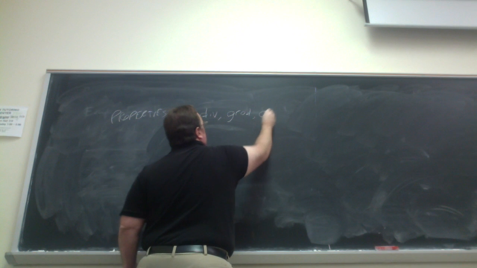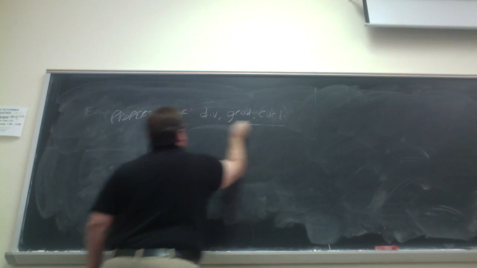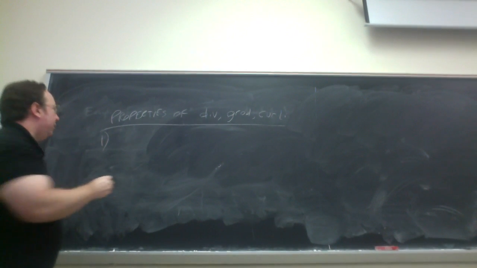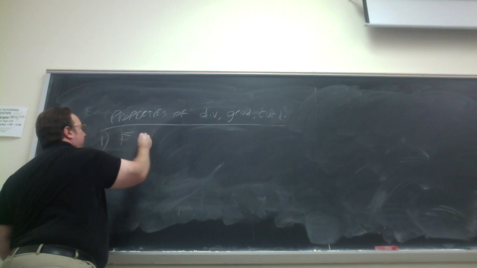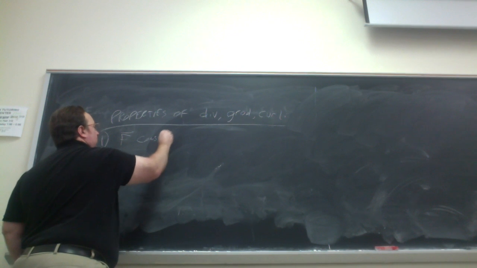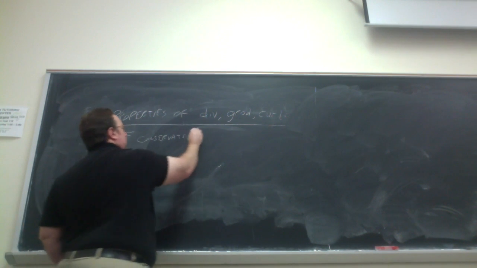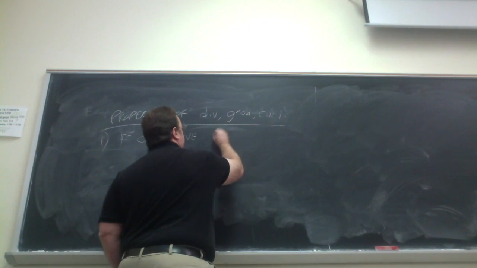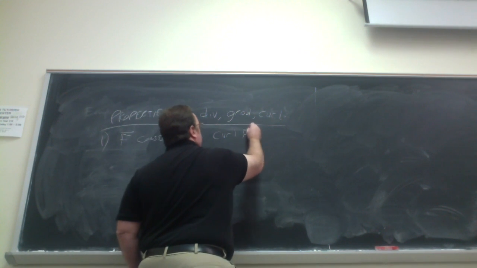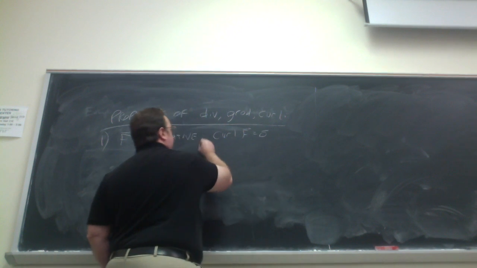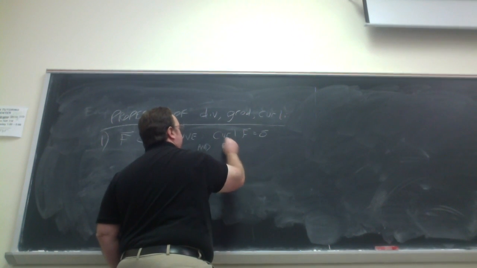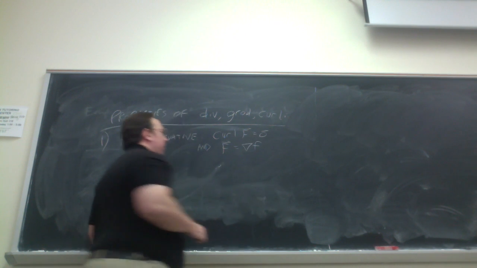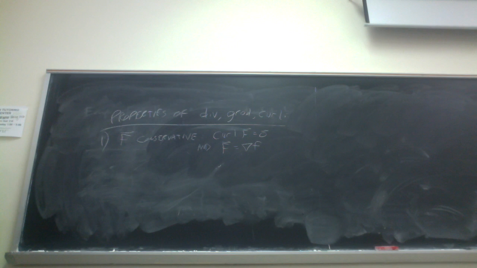Div, grad, curl. Now, suppose F is conservative. Now we know 2 things. First of all, its curl is 0, and F is the gradient of some function little f, that is referred to as a potential function.